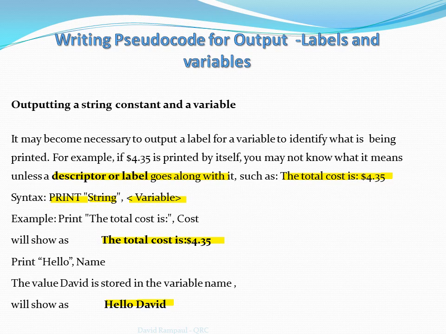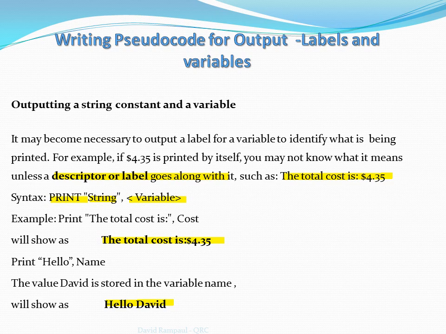Let's look now at writing pseudocode for output with labels and variables. So the heading is outputting a string constant and a variable. Previously we looked at printing a string constant using double quotation marks. This time we want to look at printing the string constant and the variable.